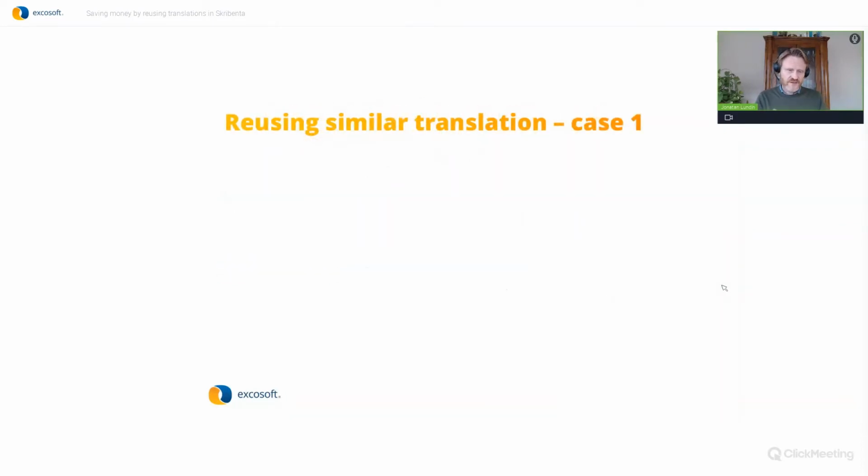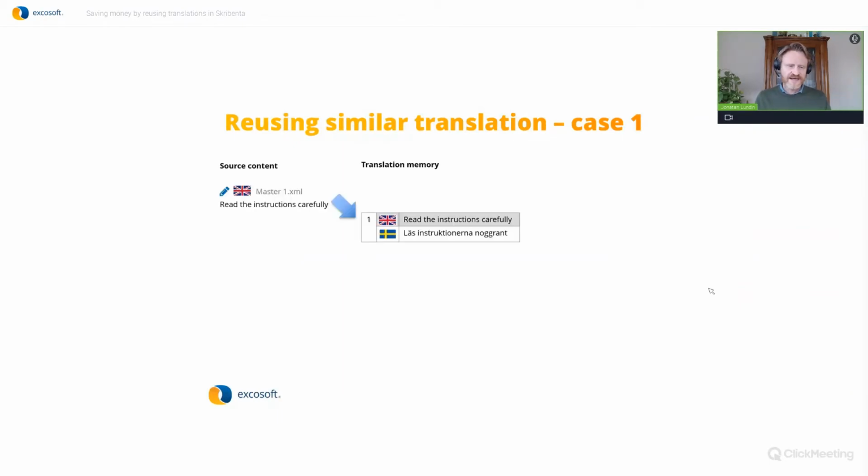So let me give you an example of how we can reuse translations. So let's say again that we have the source file and we have the English text and it's being translated. So this is already available. And then later on when we create the additional file, before starting to translate and even before starting to review this file, you have an opportunity to look into the memory to check if there are any similar translations and similar source text already available.